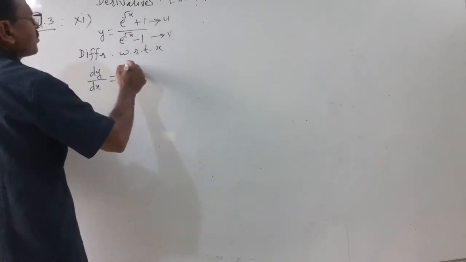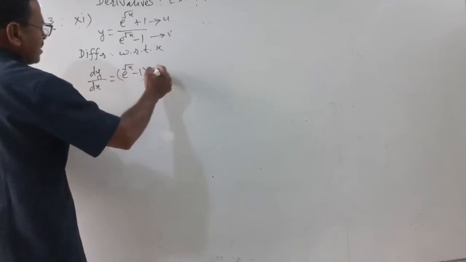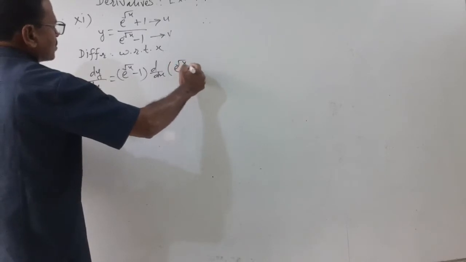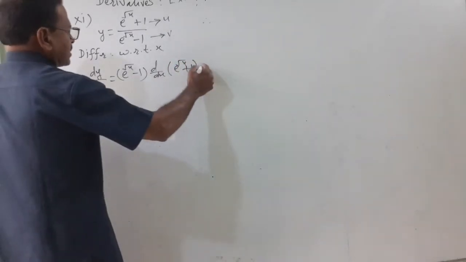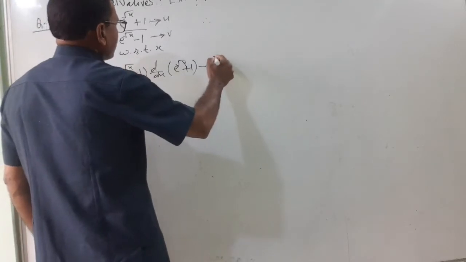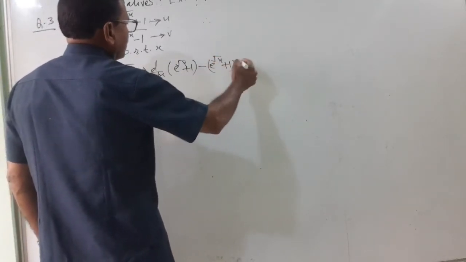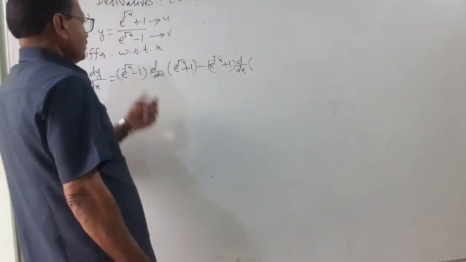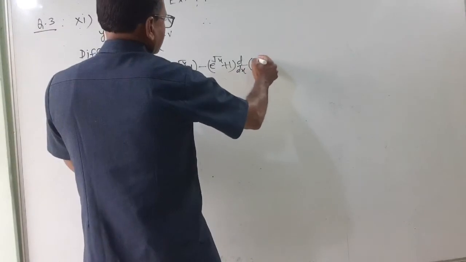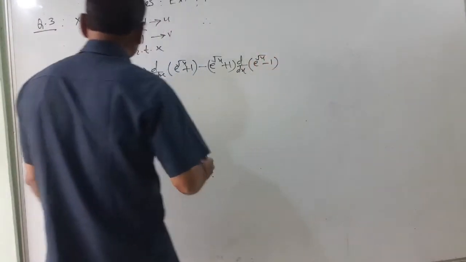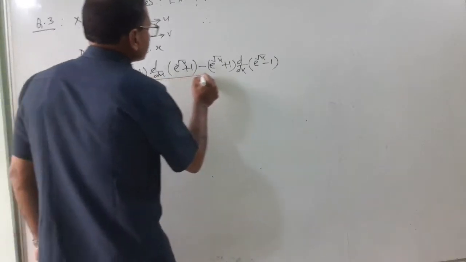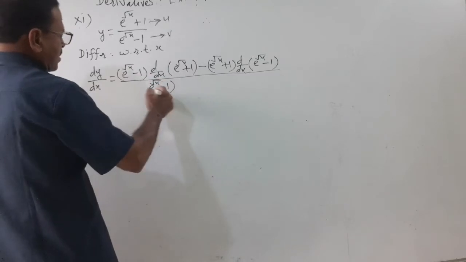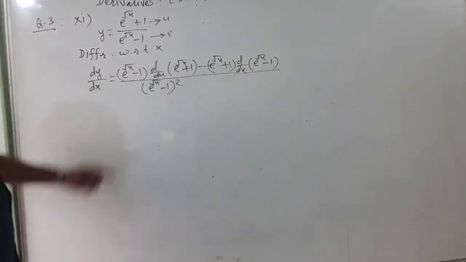dy by dx is equal to, this is u and this is v. So (e^√x − 1) as it is into d by dx of (e^√x + 1), minus (e^√x + 1) as it is into d by dx of (e^√x − 1), upon (e^√x − 1) whole square, u upon v rule.